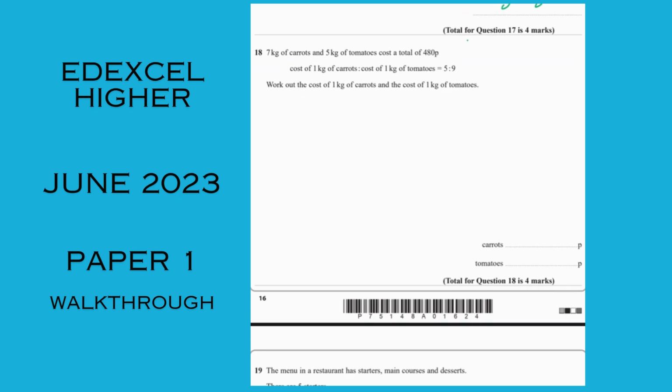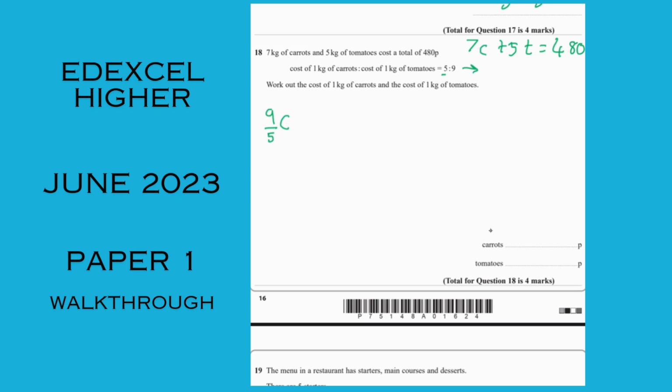So I'm going to start off 7 carrots and 5 kilograms of tomatoes are 480. Now you've got this unusual situation here, so let's start thinking. So in other words, if I've got carrots, which has 5, how would I turn 5 into 9? Well, divide it by 5 makes 1, times it by 9.